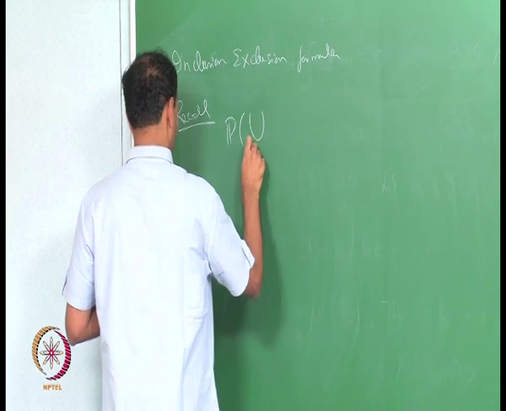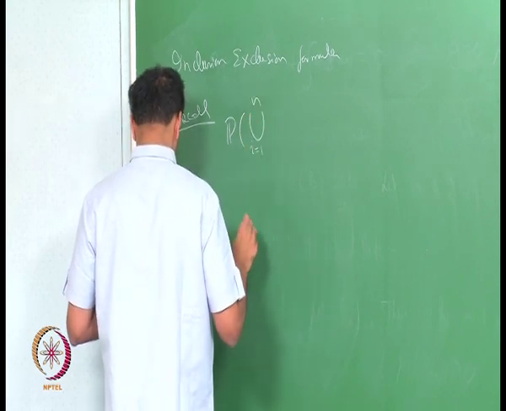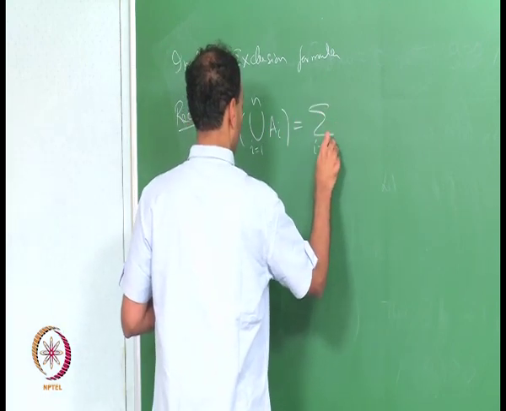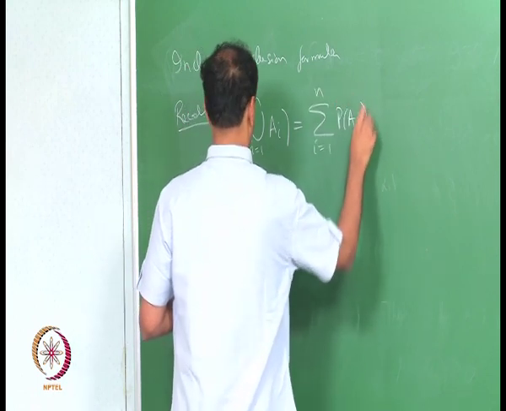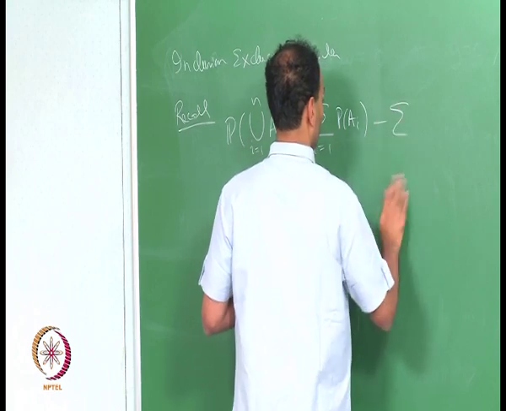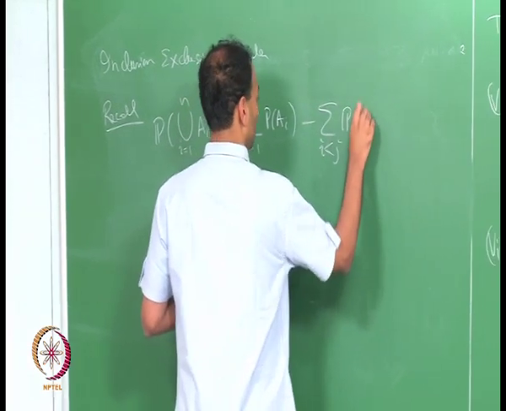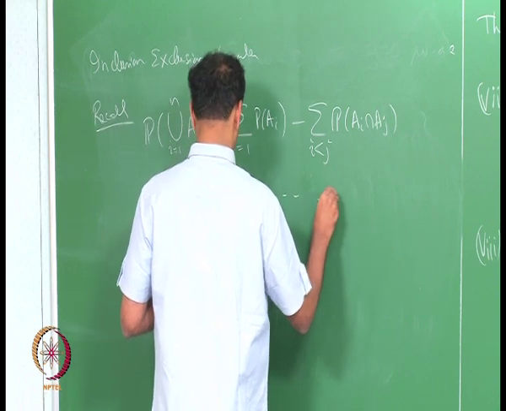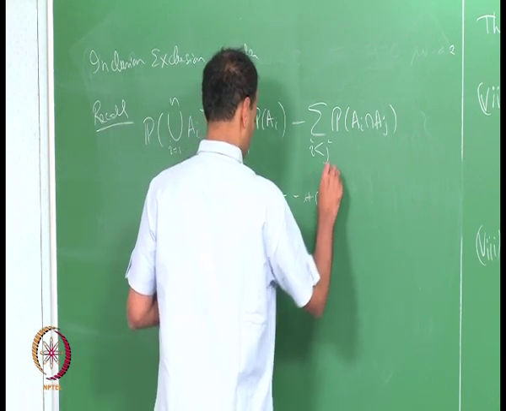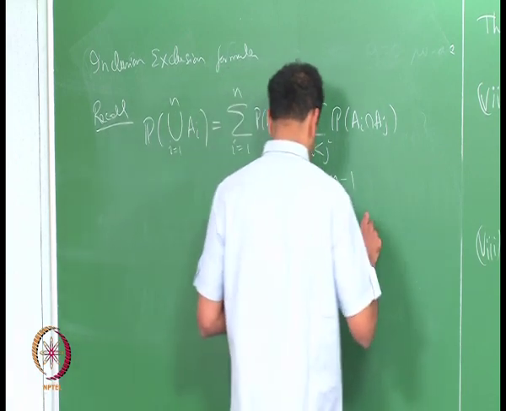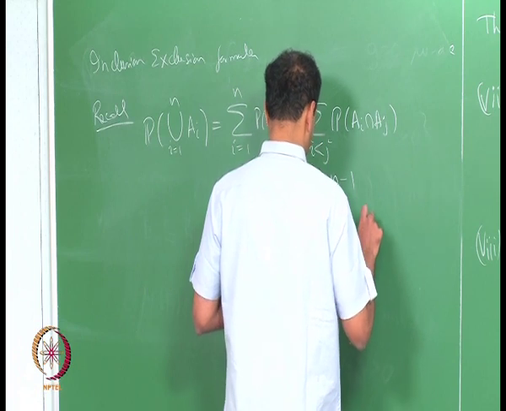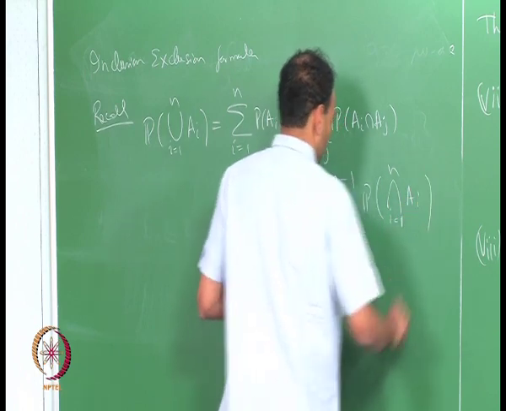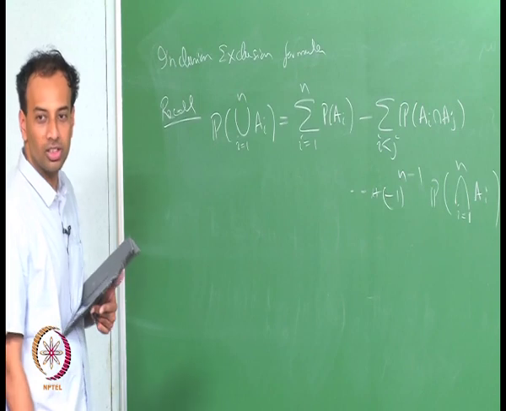We said that probability of union of A_i is equal to the sum over i equals 1 through n of probability of A_i, minus the sum over i less than j of probability of A_i intersection A_j, plus and so on, up to minus 1 to the n minus 1 times the probability of the intersection. So, this is the inclusion exclusion rule.